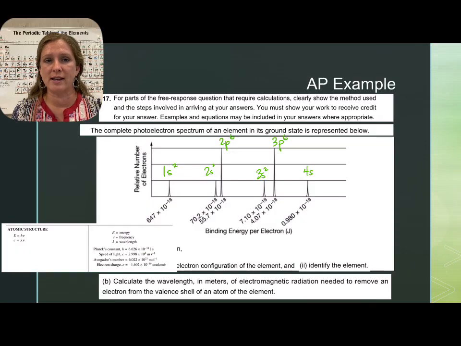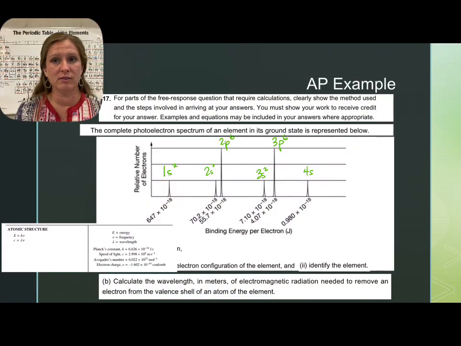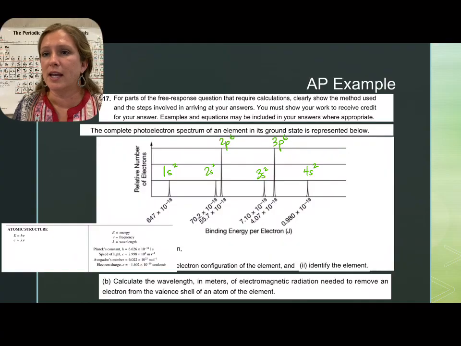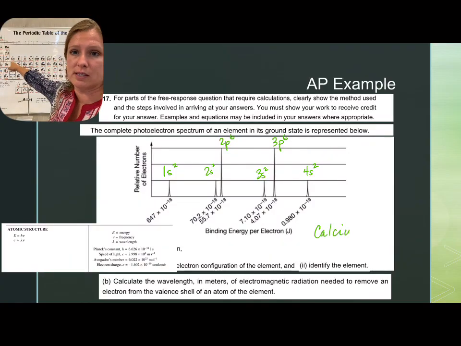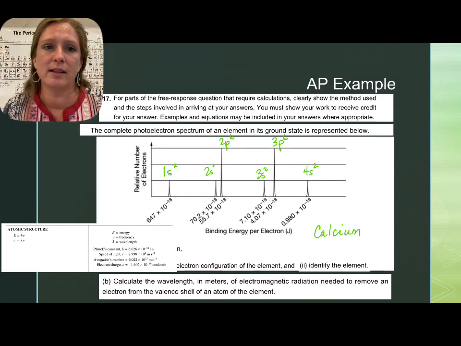This would be 4s, and it's the same height as all of the other s's, and so this would be 4s2. All right, so that's your electron configuration. To identify the element, we need to go to our periodic table, and we go to the 4th row. 4s2 gives us calcium. So calcium is our element.